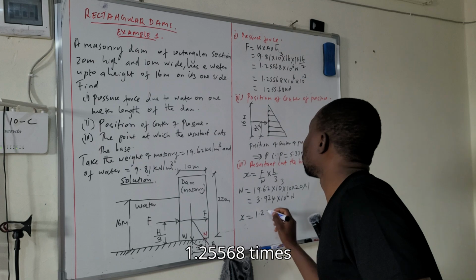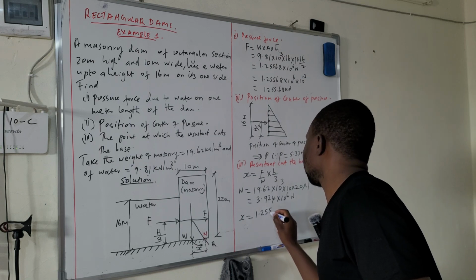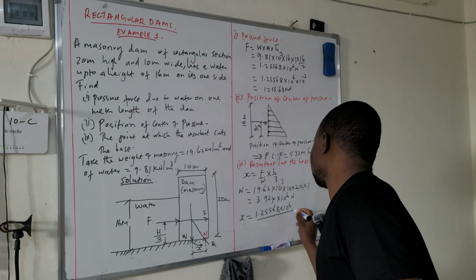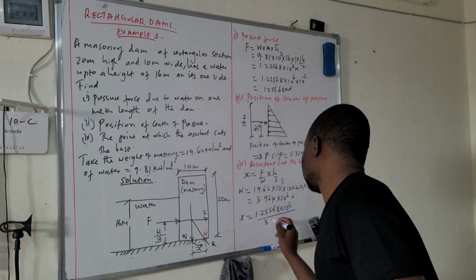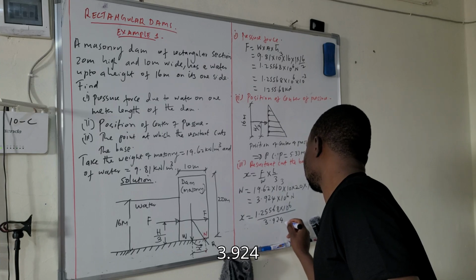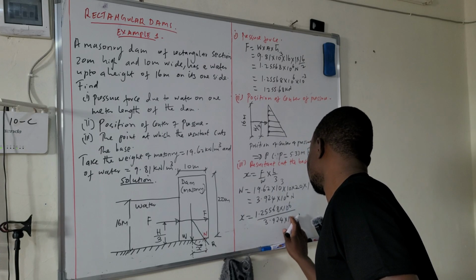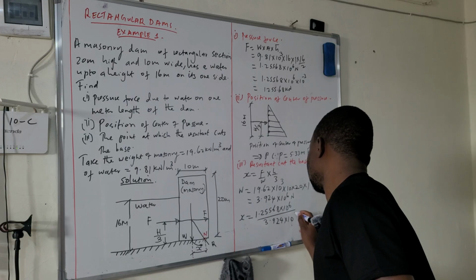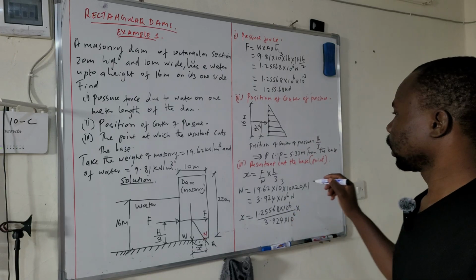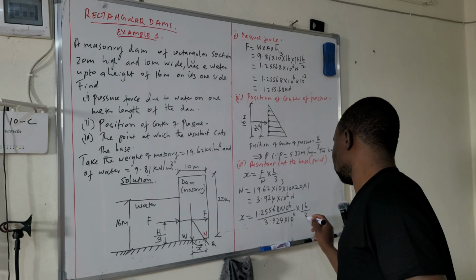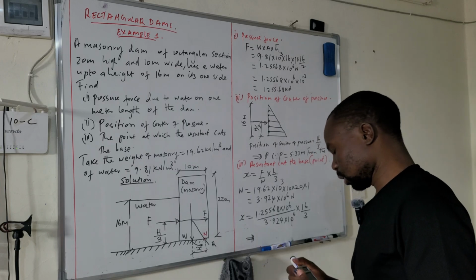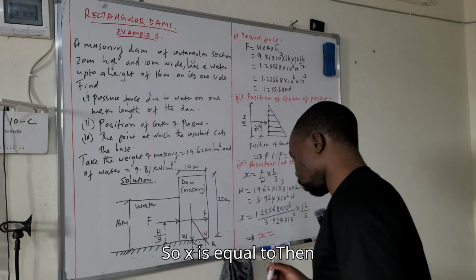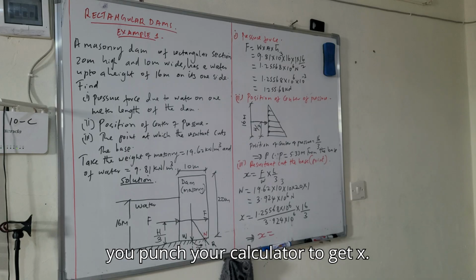So 1.25568 times 10 raised to power 6 over 3.924 times 10 raised to power 6, and then times h over 3, 16 over 3, which implies x is equal to, then you punch your calculator to get x.